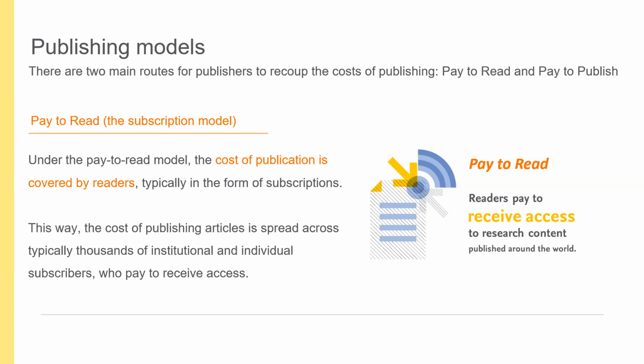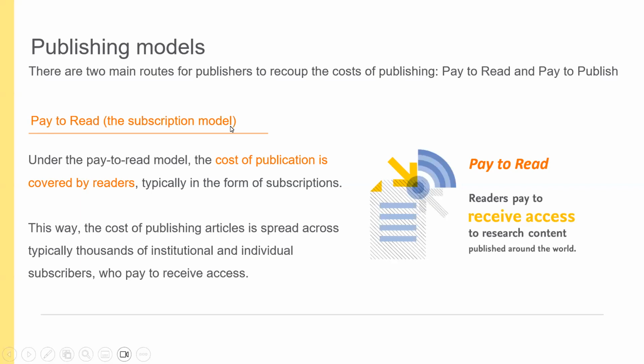So the first model is pay to read. Pay to read means that only the reader has to pay to read the manuscript or the articles or the papers. This is called pay to read, which is the subscription model.